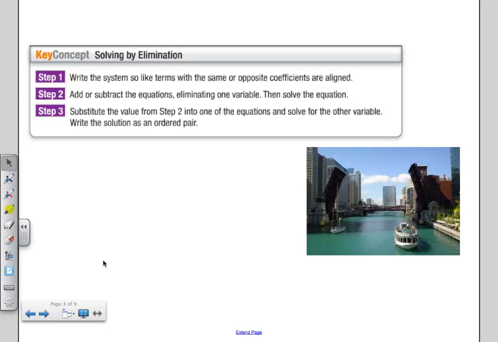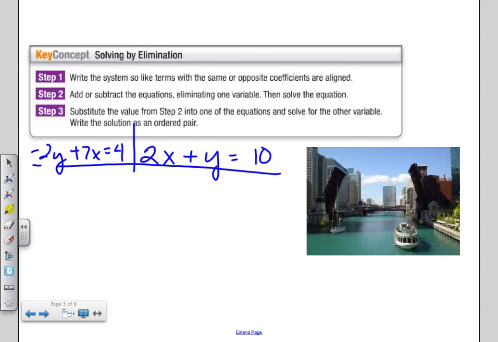When we solve by elimination, we write the like terms with the same or opposite coefficients aligned. So if we had one equation like 2x plus 2y equals 14, and another equation that was negative 2y plus 7x equals 4, those are our two equations.